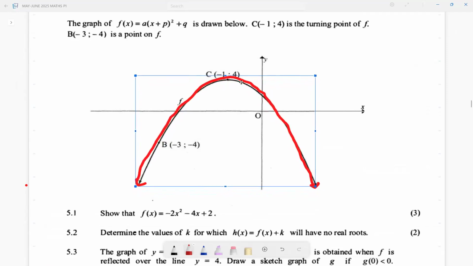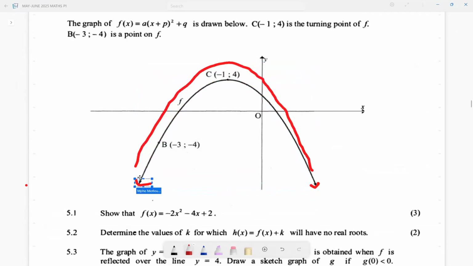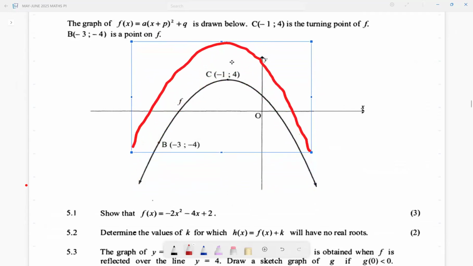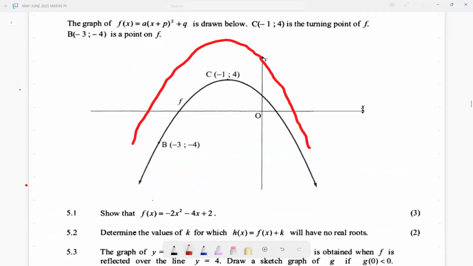Do you agree that if I move this graph upwards like this, I'm still having roots here and here? But now I don't want to have roots at all.